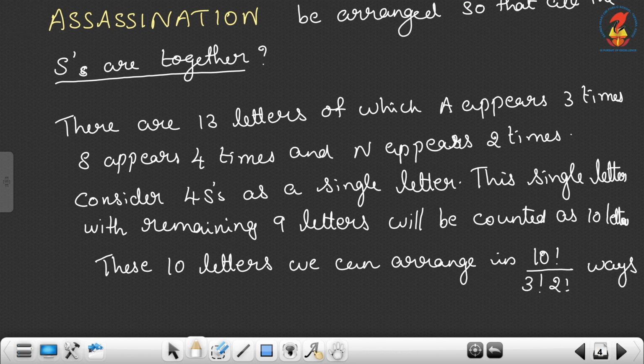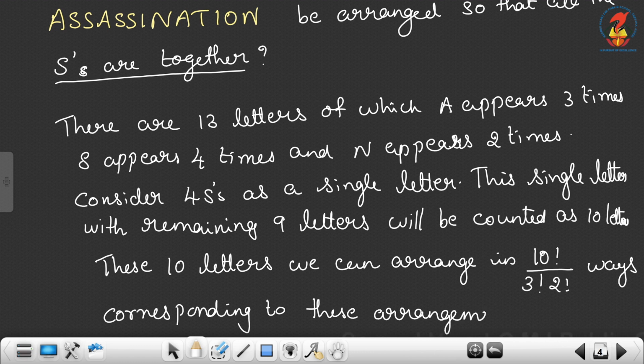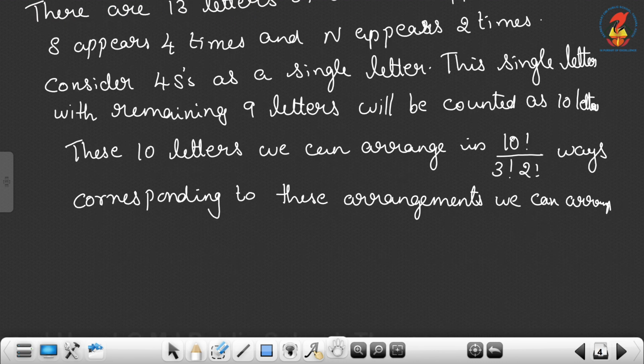Now corresponding to each of these arrangements, we can arrange 4s in how many ways? 4 factorial by 4 factorial ways.